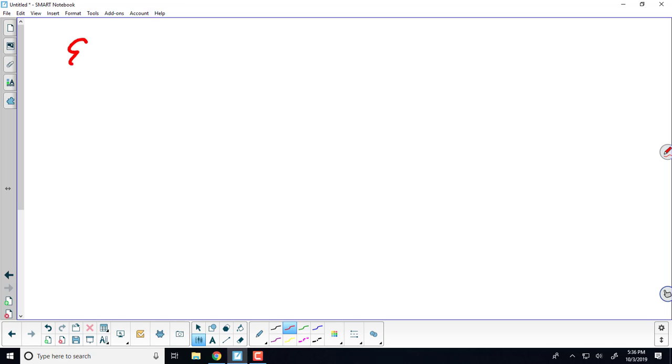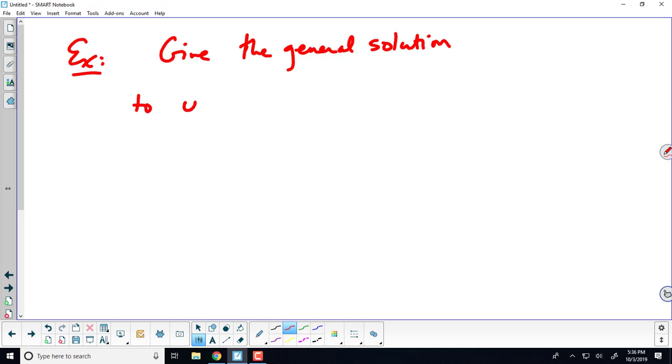So let's look at an example now. Let's just go straight to the answer for this. Give the general solution to y double prime minus 2y prime minus 3y equals 0.